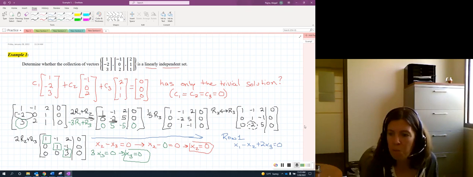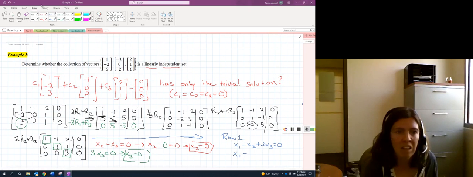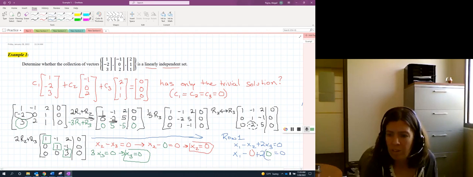But if we plug in what we already know, we have x1 minus x2, which is 0, plus 2 times x3, which is also 0, equals 0. That's not 20, that's 2 times 0. So x1 equals 0.